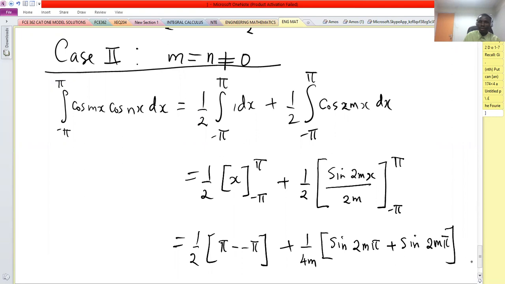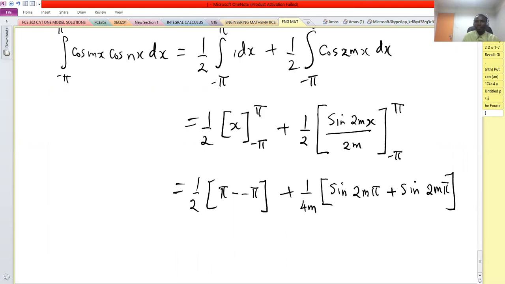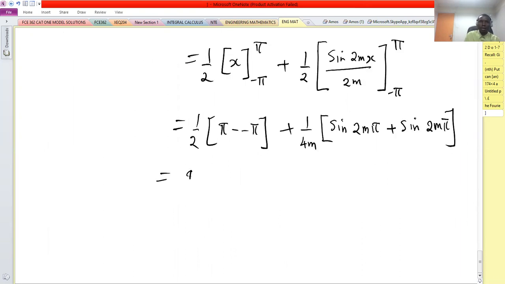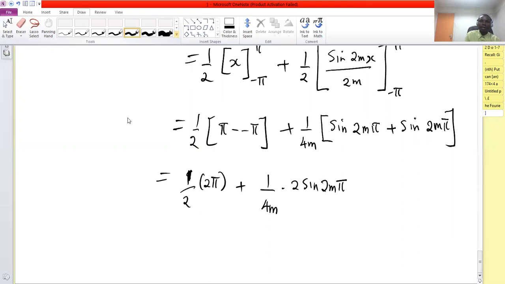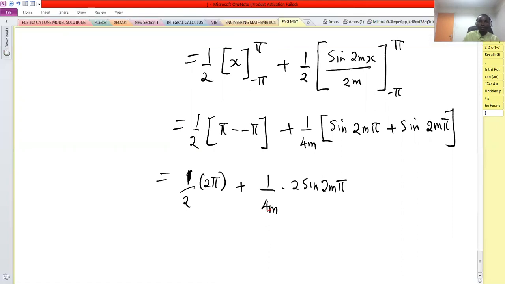I have plus here because it was sine of 2m times minus pi, and sine of a minus angle is minus. So this will be a half times 2 pi plus 1 over 4m times 2 sine 2m pi. But we know that sine of multiples of pi is 0, so this part is 0. So we remain with a half of 2 pi, which is pi.